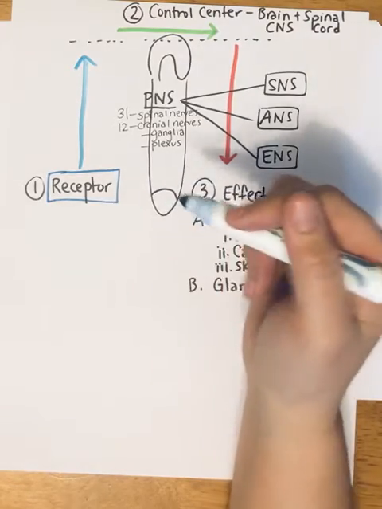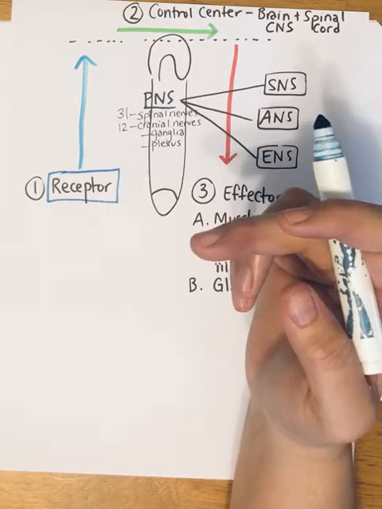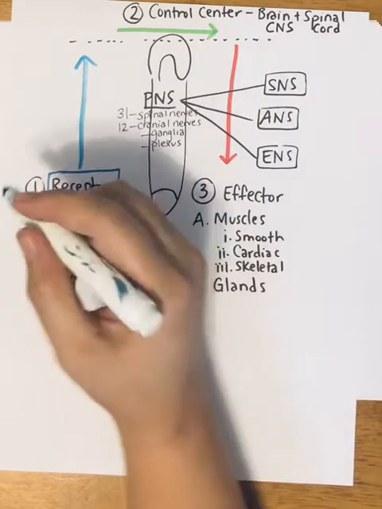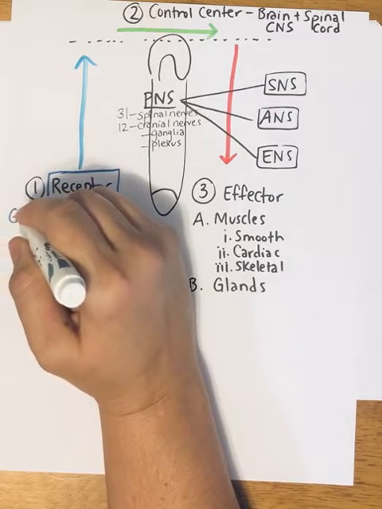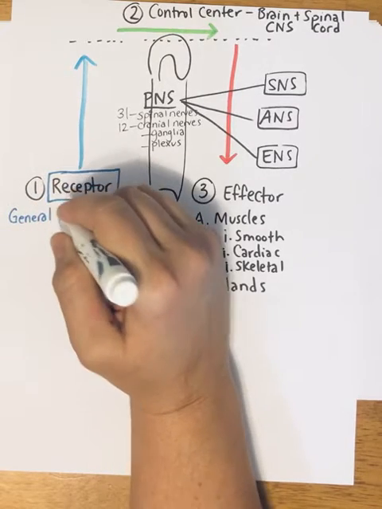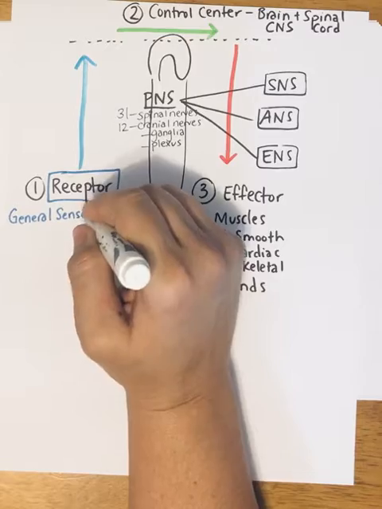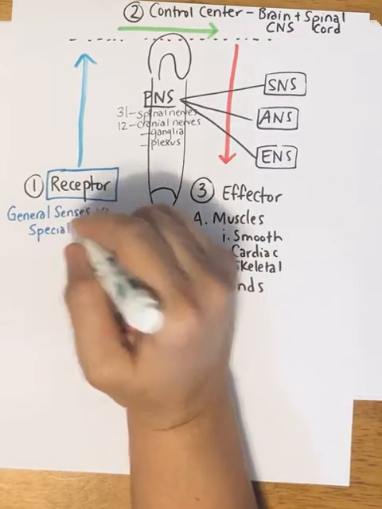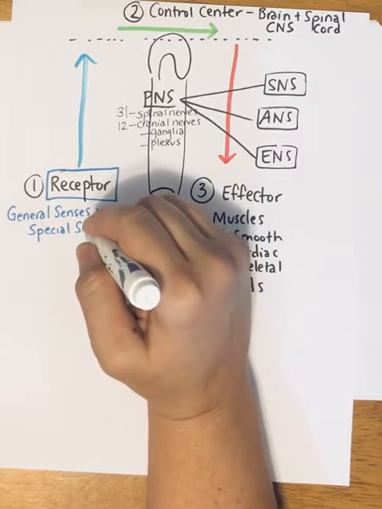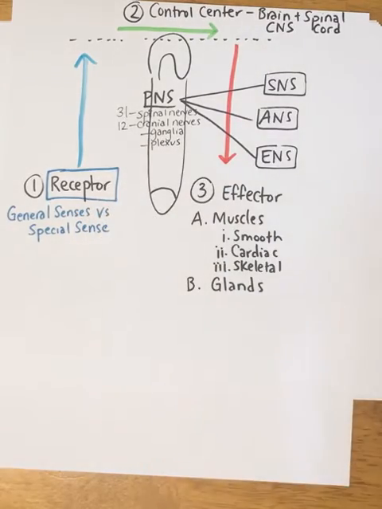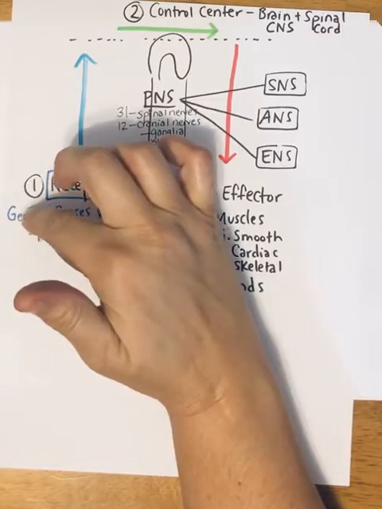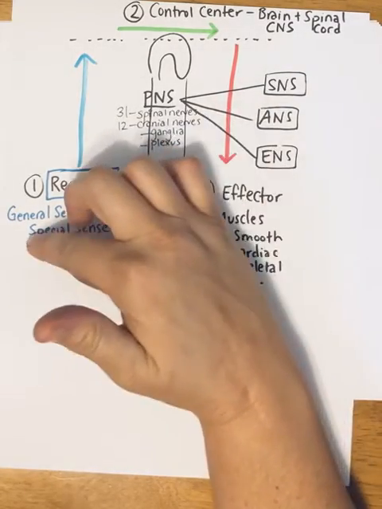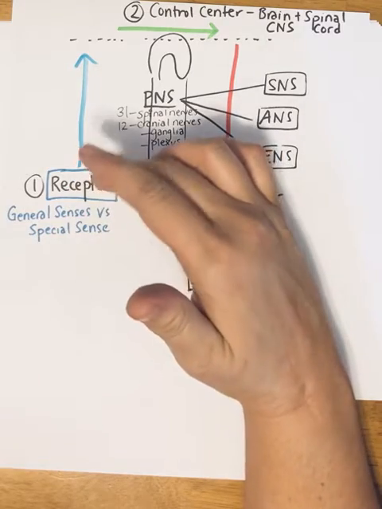So, when we talk about receptors, we have to remember that we have general senses, which you should be able to tell me what general senses are, versus special senses. Receptors are going to be in the body, which is going to be general senses, but you're also going to have special receptors that help us with special senses.